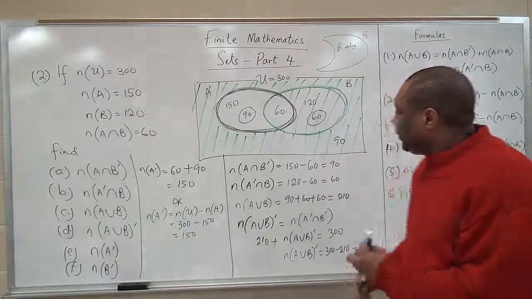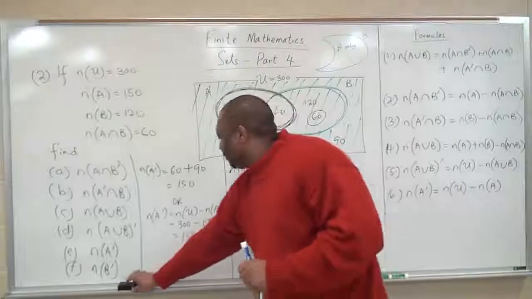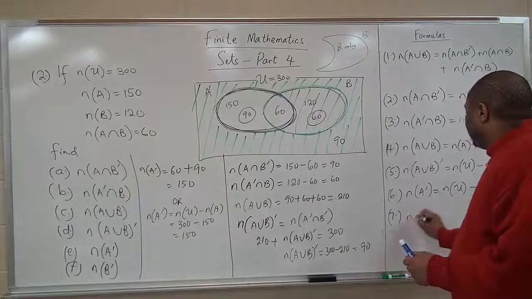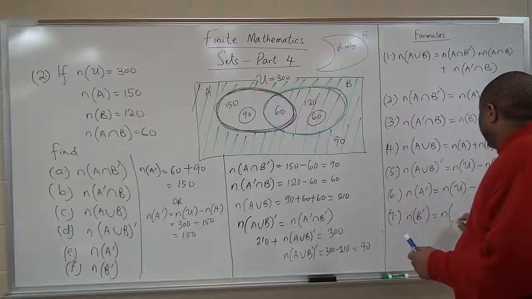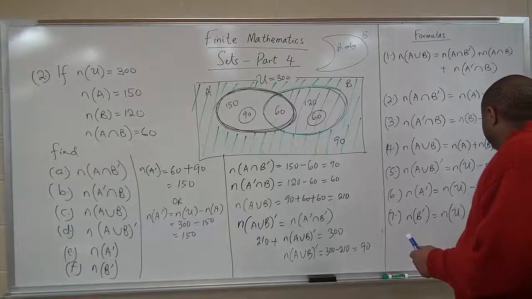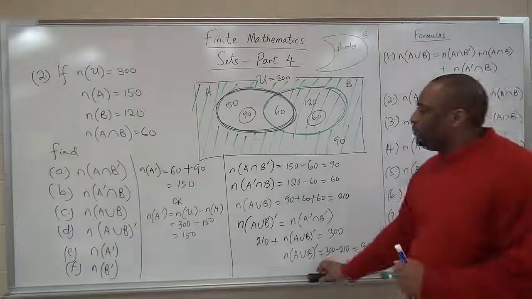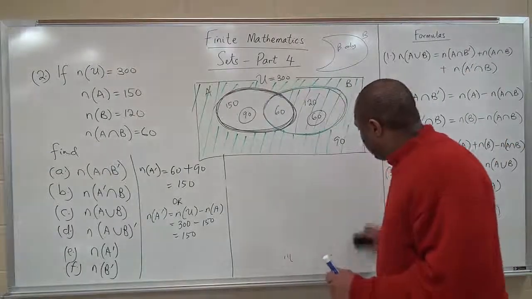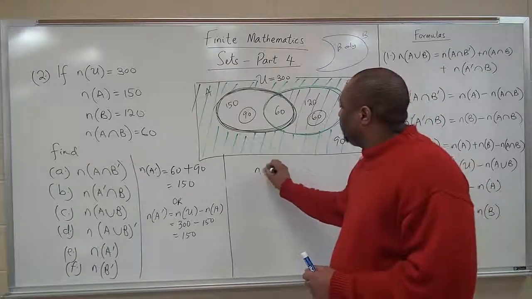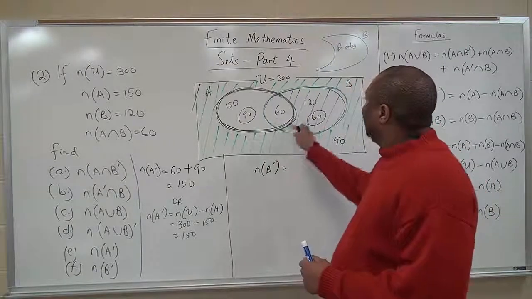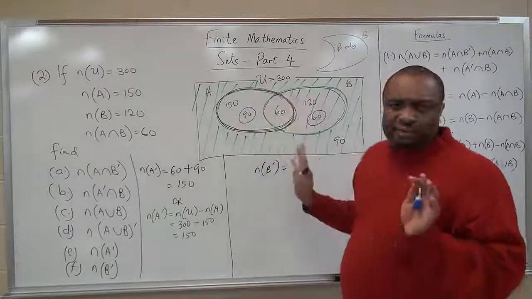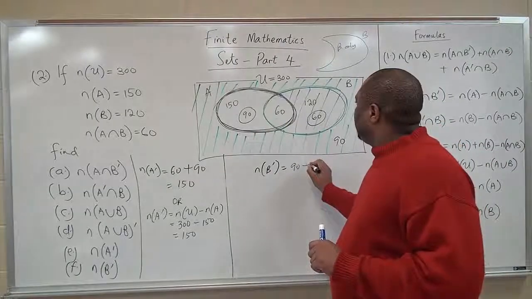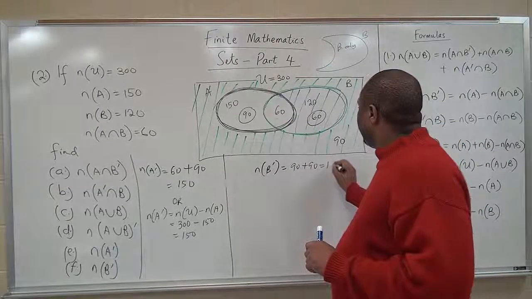All right, now let's find cardinality of B prime. You already know the formula: cardinality of B prime is cardinality of the universal set minus cardinality of B. If we do that, they don't like B at all, so it's only A and then the people outside, which is 90 plus 90, which is 180.